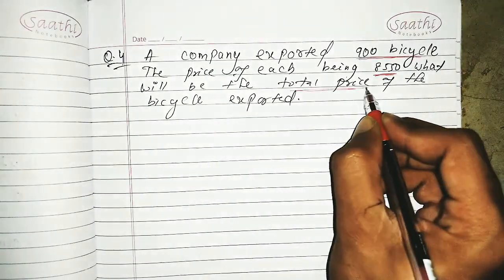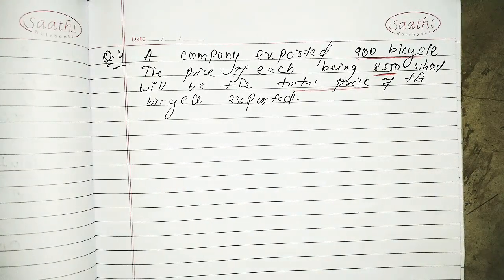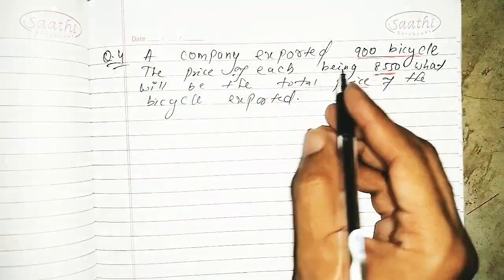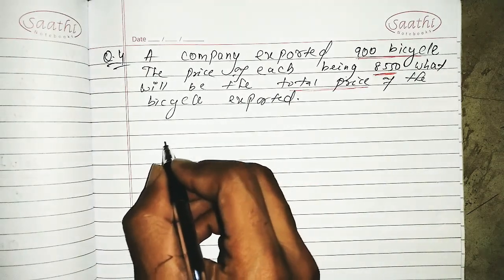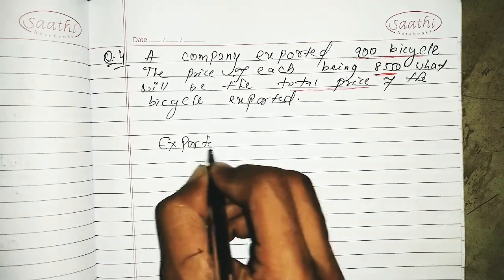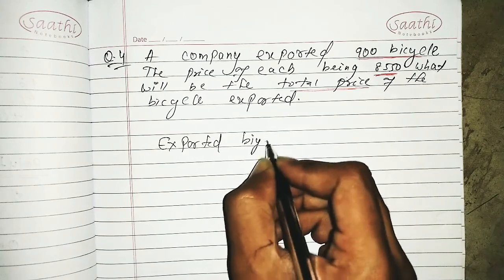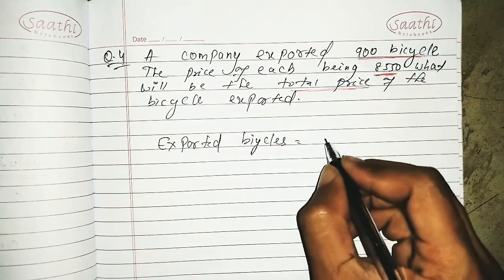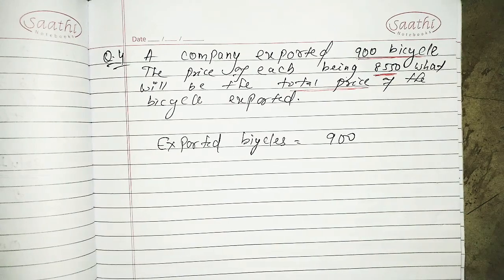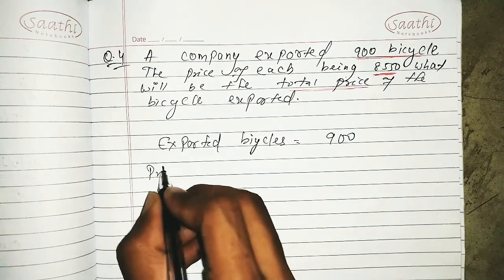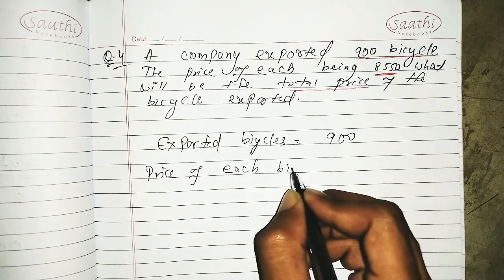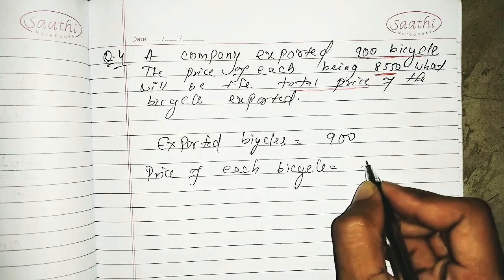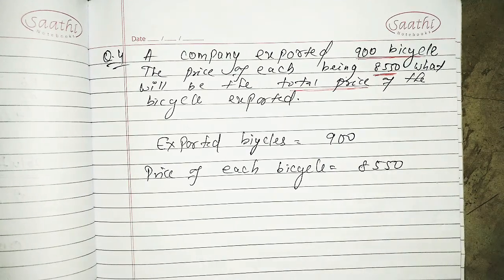Again the same kind of question. The exported bicycles are 900. And what is the price of each bicycle? That is 8,550.